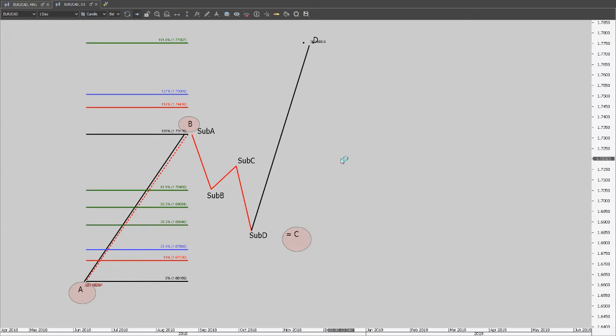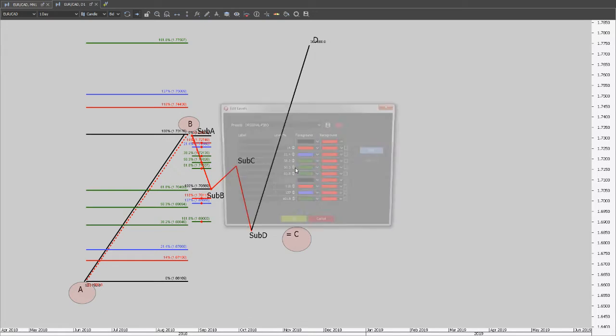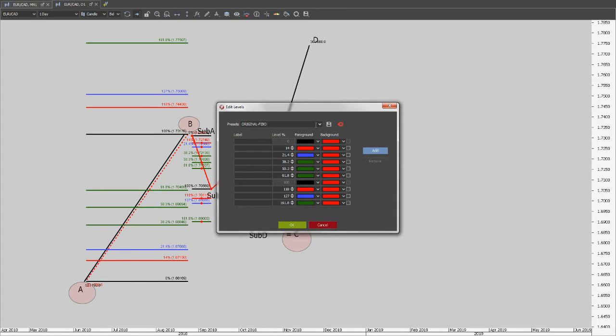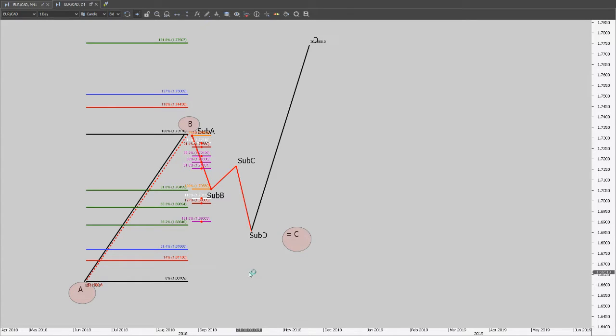Inside the AB boundary we have the contrarian, right? Sub A, sub B, sub C, sub D. So we can draw the contrarian Fibonacci. Let's color code it differently. And retracement, there you go. Pink goes to pink, so sub A, sub B, sub C, sub D.